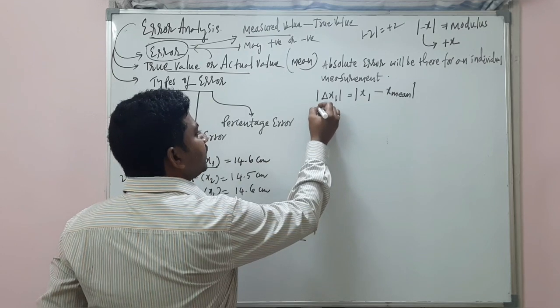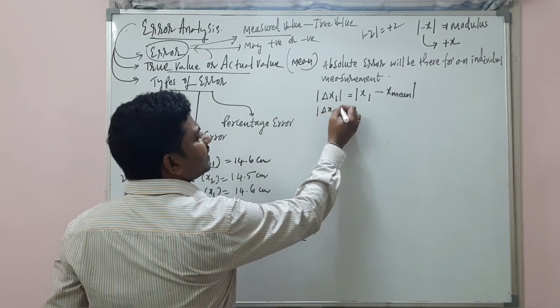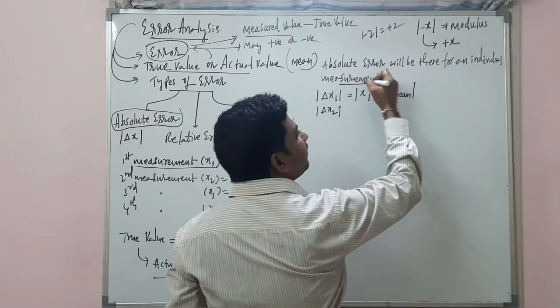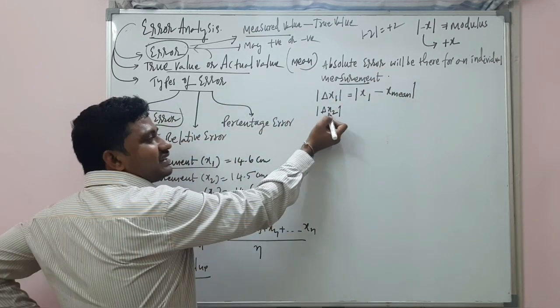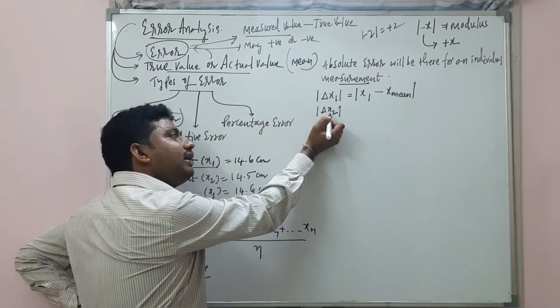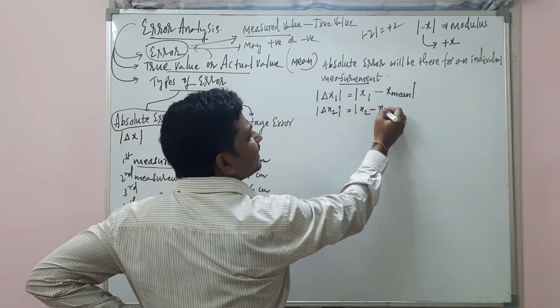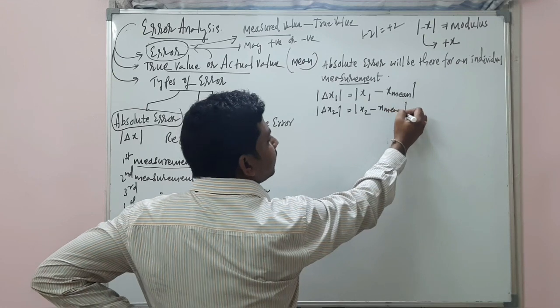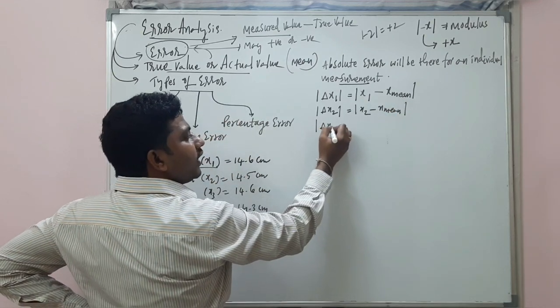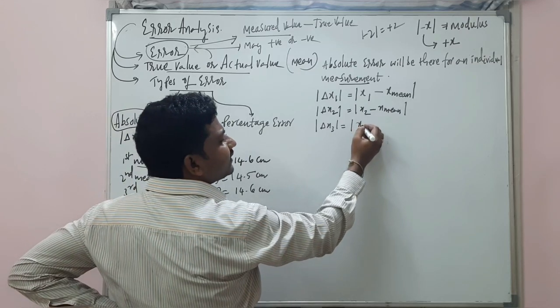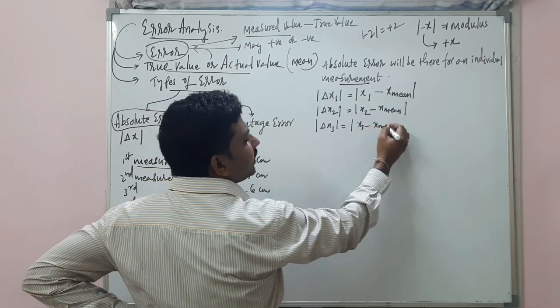So once again, delta x2, that is the absolute error, will be present in every individual measurement. That is why in the second individual measurement, absolute error will be equal to x2 minus x mean. In the third individual measurement, there is an absolute error, x3 minus x mean.